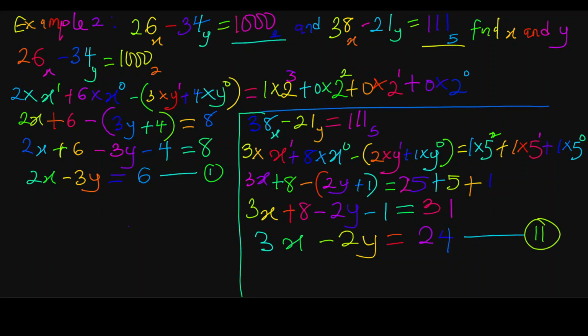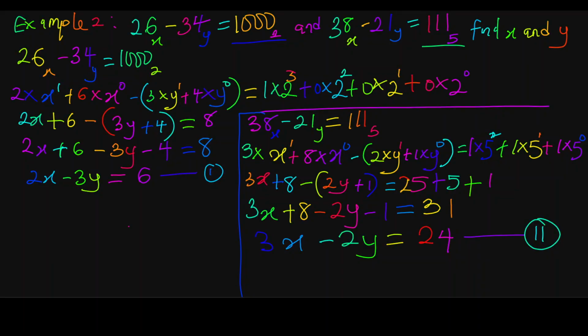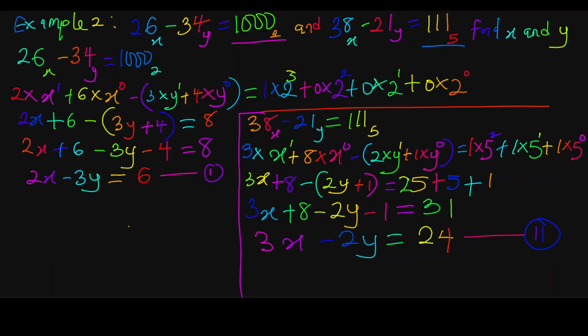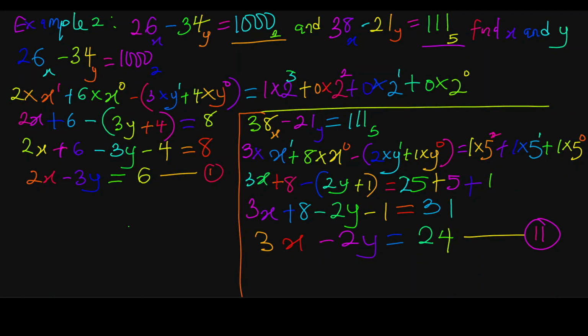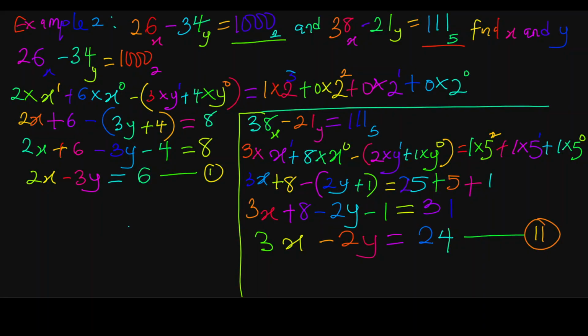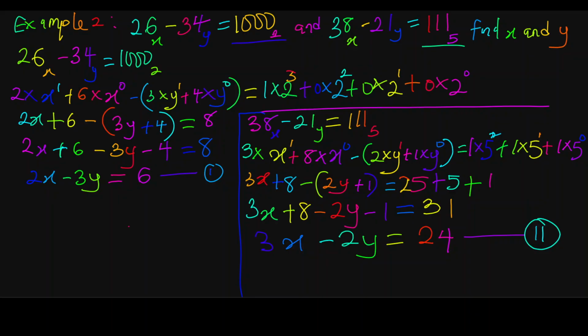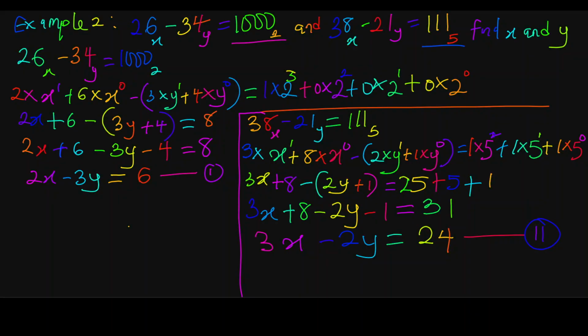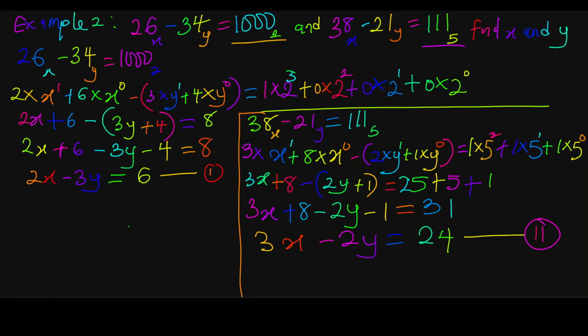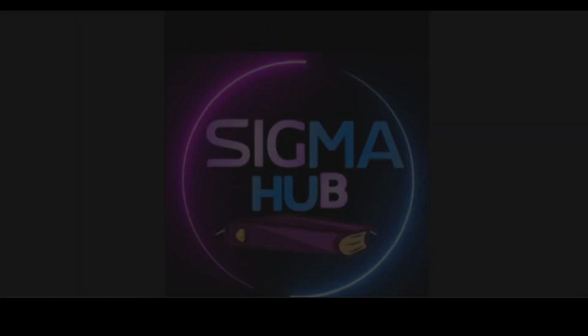Now all we just need to do is solve both equation 1 and 2 together simultaneously to get x and y. So let's quickly write down equation 1 and equation 2 so that we can solve. So we have 2x minus 3y equal to 6. That's your equation 1.